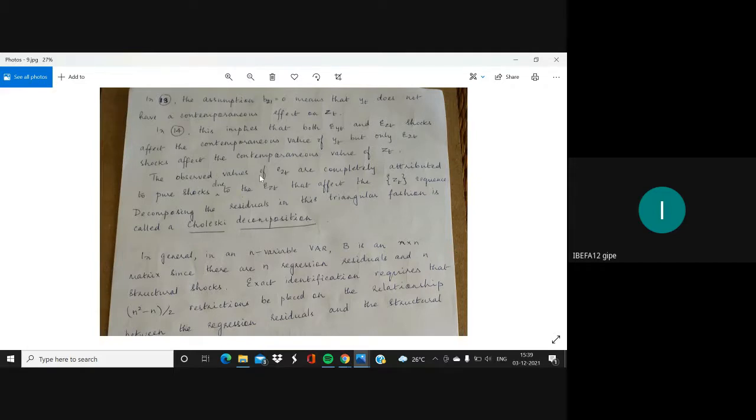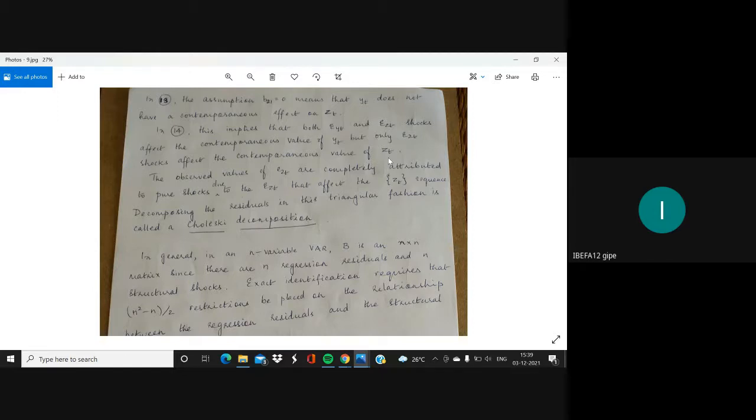Now the observed values of E2t are completely attributed to pure shocks due to the epsilon Zt that affect the Zt sequence. So you can see that once we used this restriction and found out what B inverse is, E2t was equal to epsilon Zt.